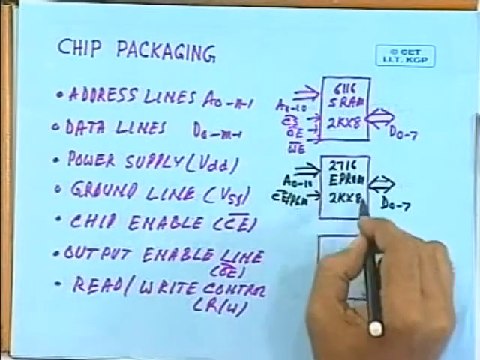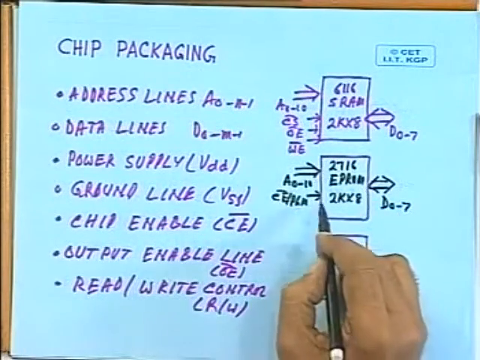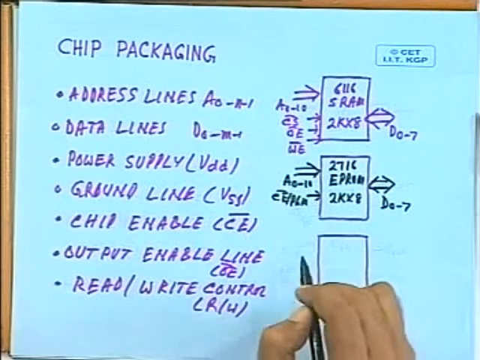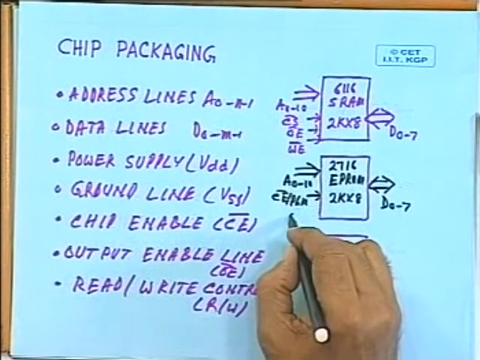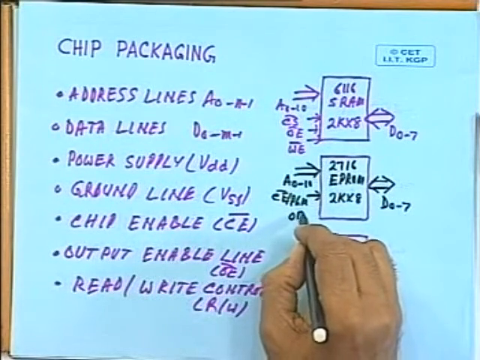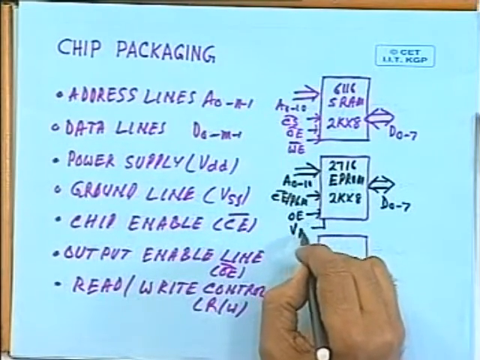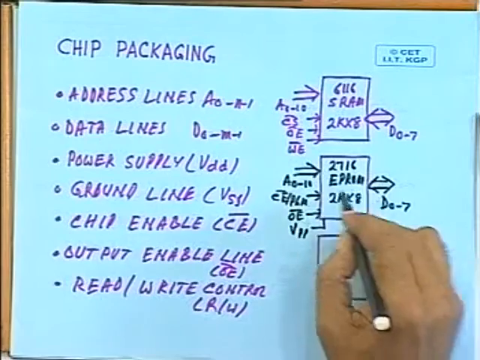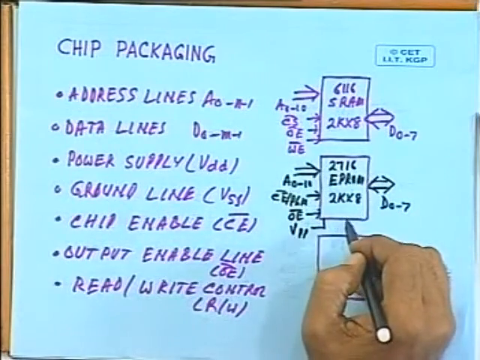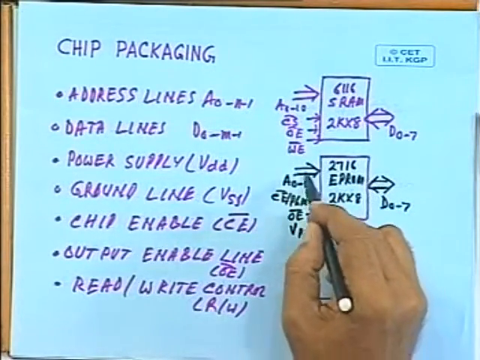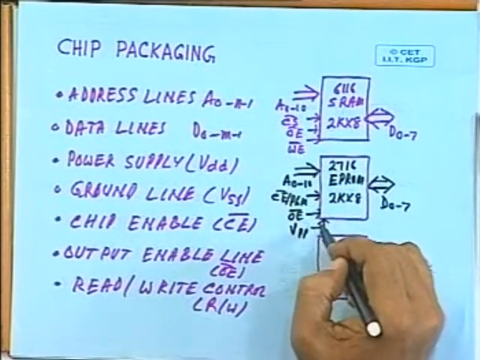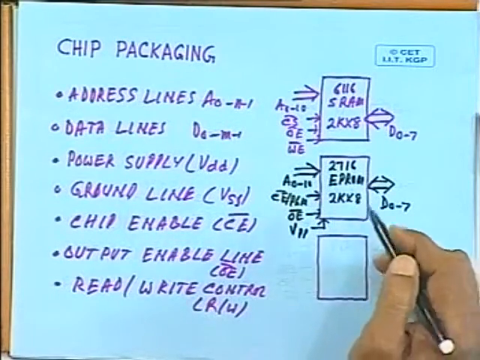As you have seen, this chip has to be programmed, and for programming you require a separate line. Then you have got the output enable line, and another line, VPP. So this is the typical organization of the signal lines provided in EEPROM.